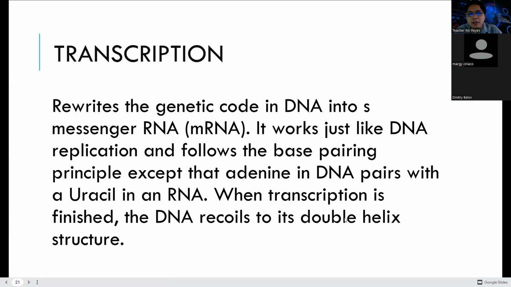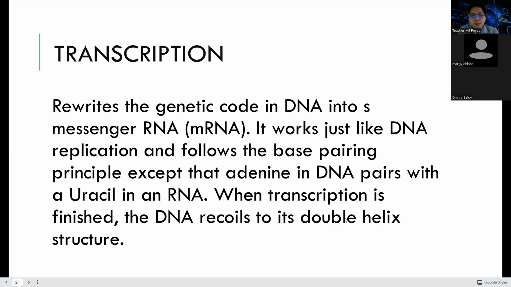Let's take a look at the transcription. Transcription rewrites the genetic code in the DNA into the messenger RNA. Remember the messenger RNA? Again, they're named after the function. It works just like DNA replication and follows the base pairing principle, except that in RNA, adenine is paired with uracil instead of thymine.